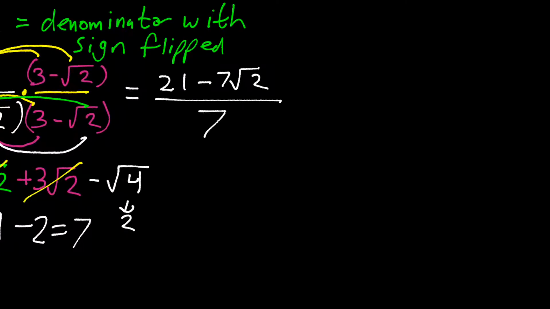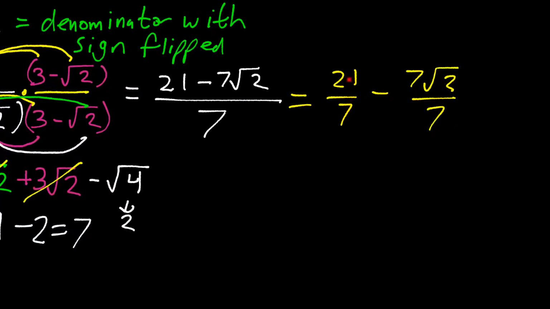Since they all have a common factor of 7, I can rewrite it. I can have 21 over 7 minus 7 root 2 over 7. All I did here was split this big fraction up into two smaller pieces. I can do that because they're all over 7, and there's only one operation here.